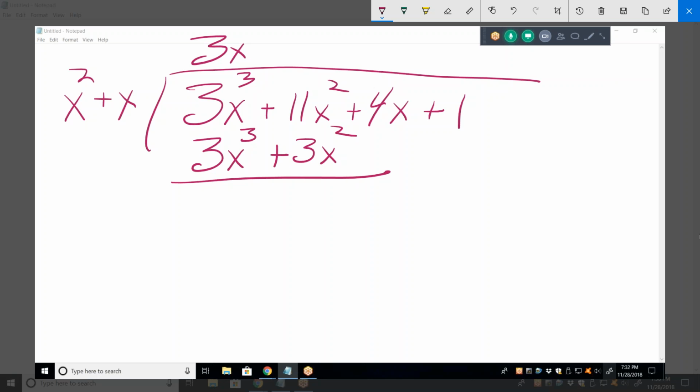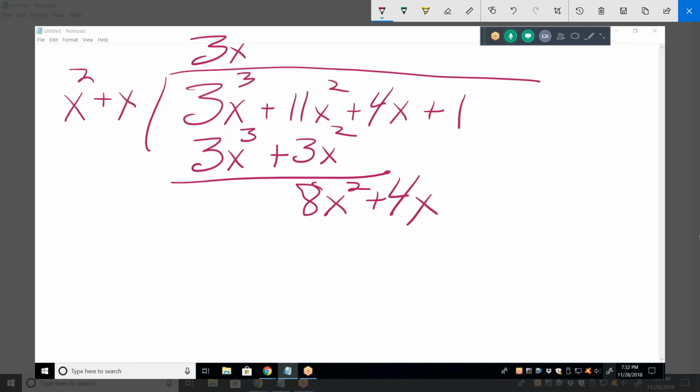Then subtract to get 8x squared. Got to bring down that next term. Then bring down 4x, right?